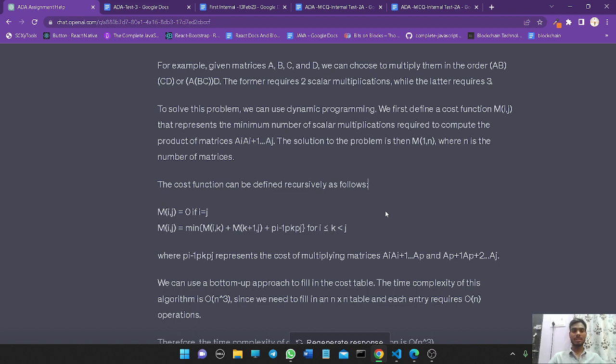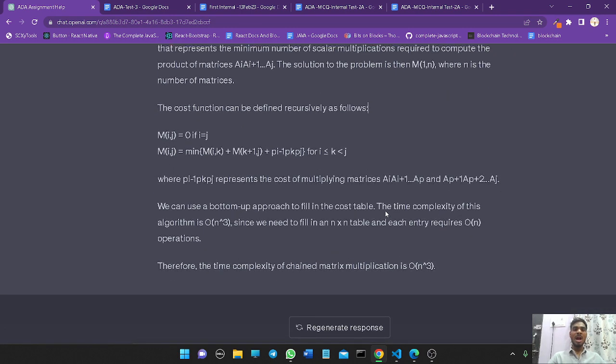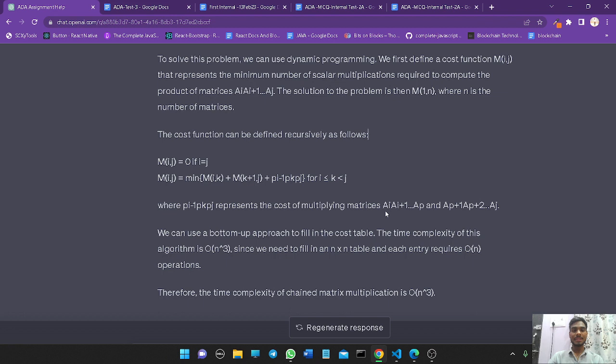The cost function can be defined recursively as follows: m of i, j equals 0 if i equals j, and otherwise m of i, j equals the minimum over i less than or equal to k less than j of m of i, k plus m of k plus 1, j plus p of i minus 1 times p k times p j.